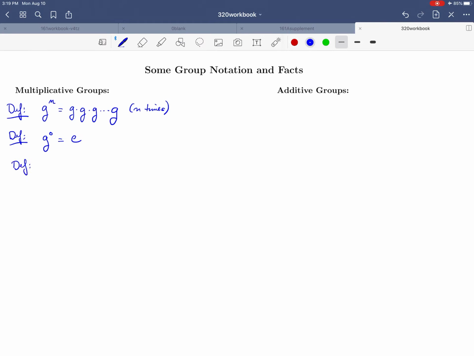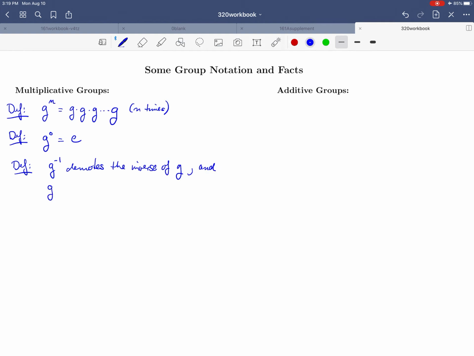We already said that we are using the to the minus 1 notation to denote the inverse. So g to the minus 1 denotes the inverse of g.